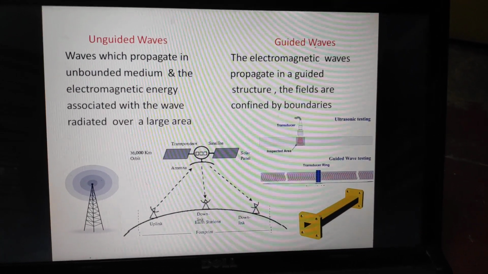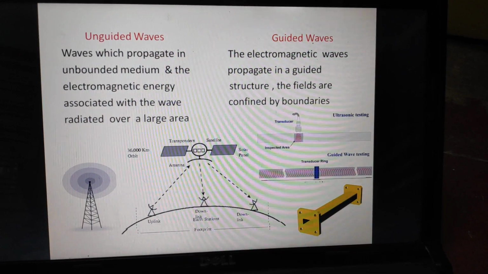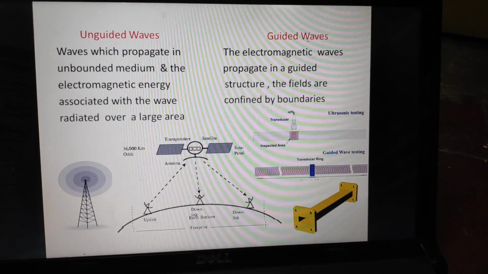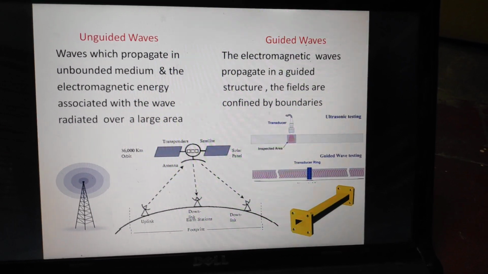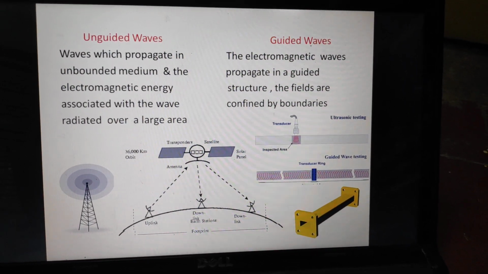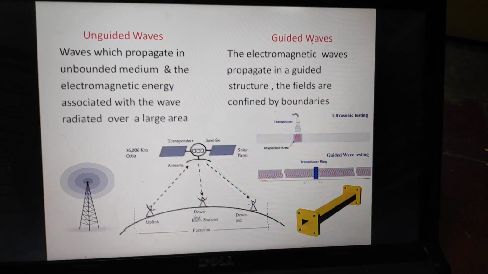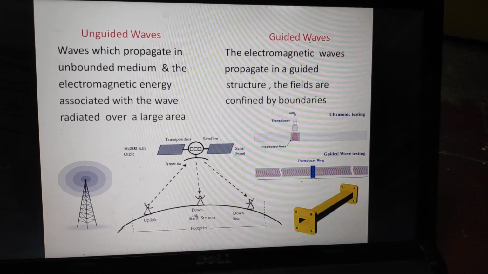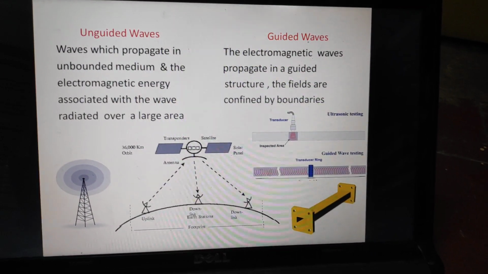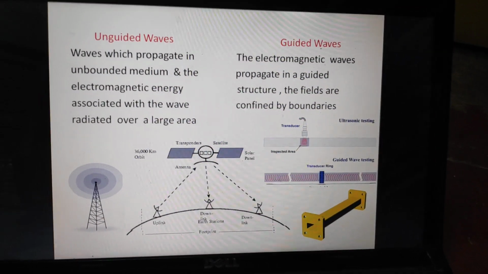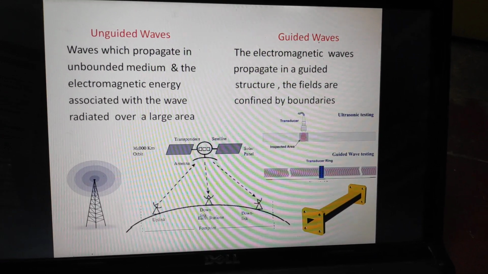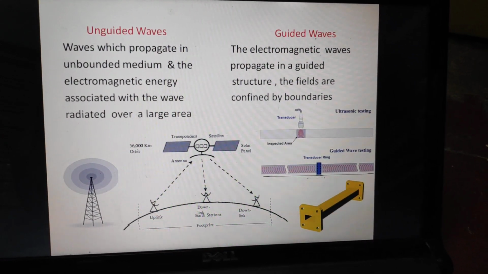If you take unguided waves, these are waves which propagate in an unbounded medium, and the electromagnetic energy is associated with radiation over a large area. Unguided waves means you don't have a specific boundary. You can take our towers as an example, where the radiations will be in the form of electromagnetic waves.